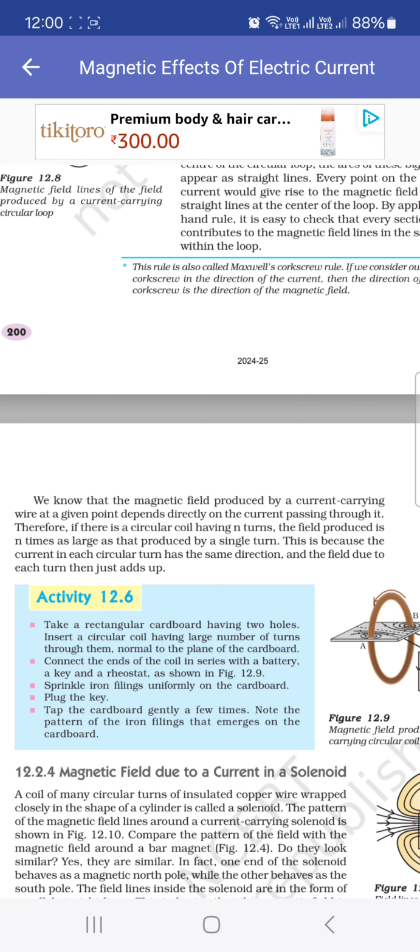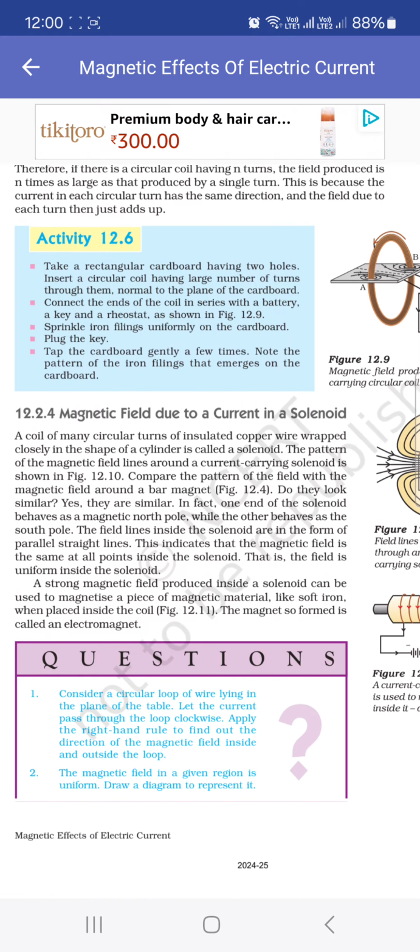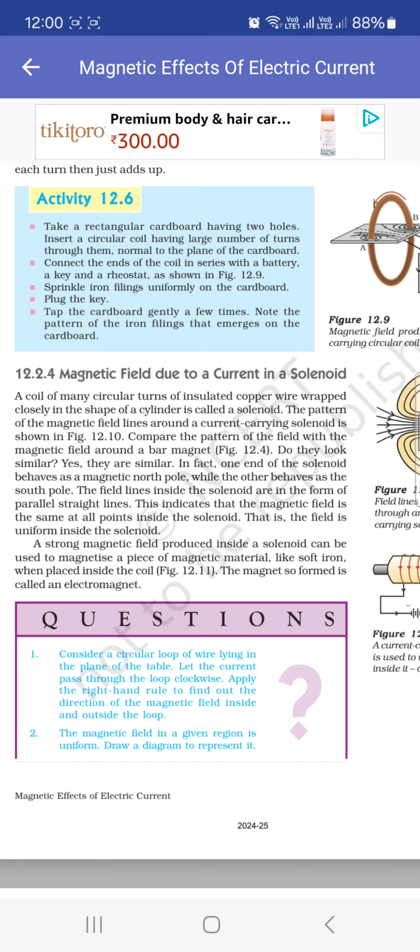Okay, then, magnetic field due to a current in a solenoid. A coil of many circular turns of insulated copper wire wrapped closely in the shape of a cylinder is called a solenoid. You can also define a solenoid easily like this: the solenoid is a long coil containing a large number of closed turns of insulated copper wire.